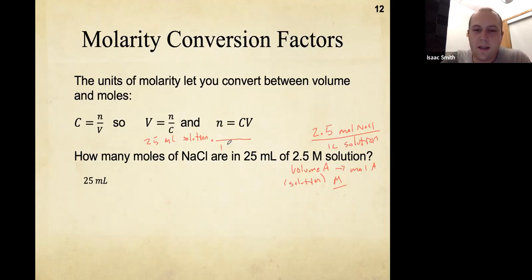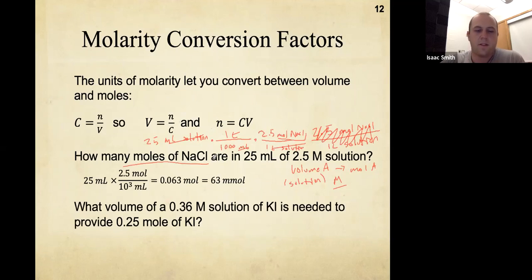So we would say 1,000 milliliters is 1 liter. And then we could use 2.5 moles of sodium chloride for every 1 liter of solution. Milliliters cancel out, liters cancel out, and we're left with moles of sodium chloride, which is what the question's asking for.